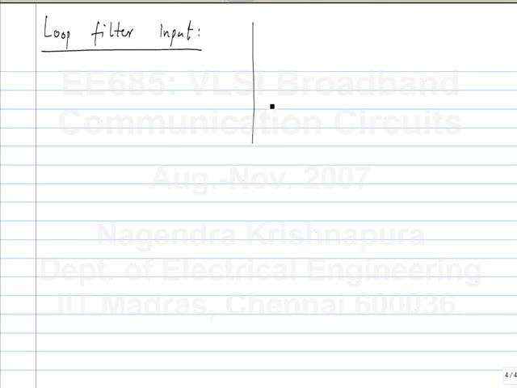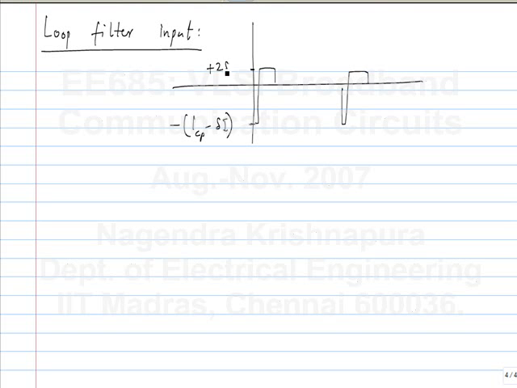Loop filter input waveform looks something like this. Graphically, it will look like this. This is for the case where the top current is more than the bottom current, and this is ICP minus delta I, negative of that, and this is plus 2 delta I, and the area under the negative part has to be equal to the area under the positive part, and this is the reference period Tref.